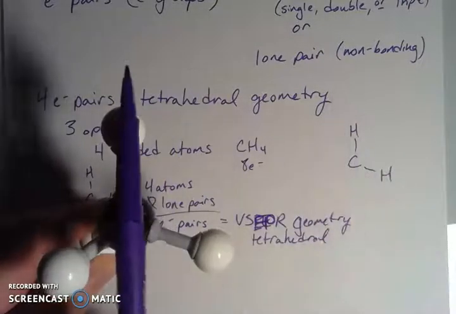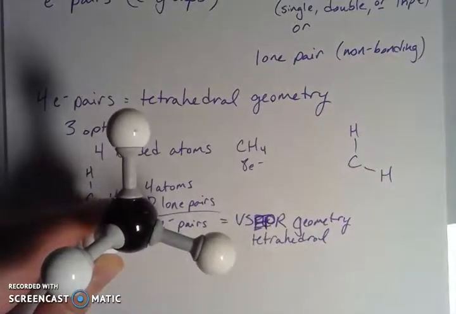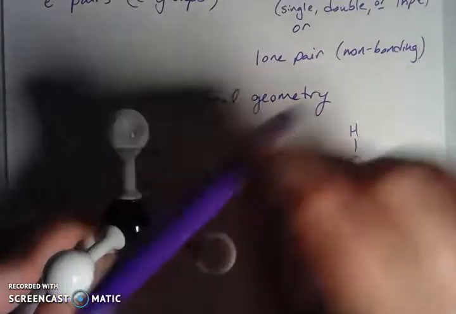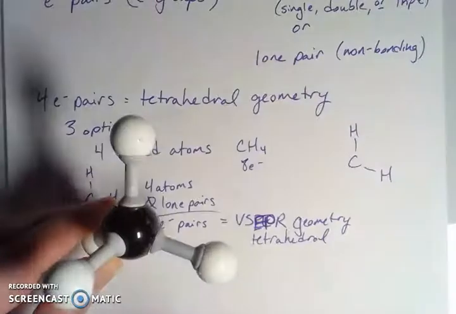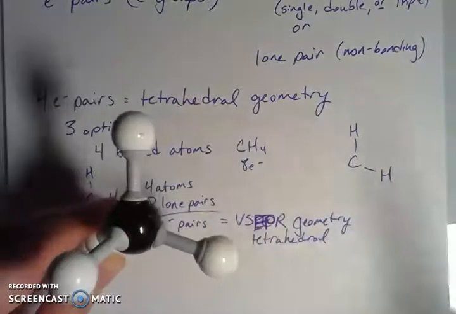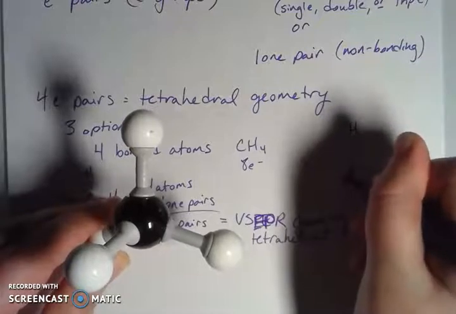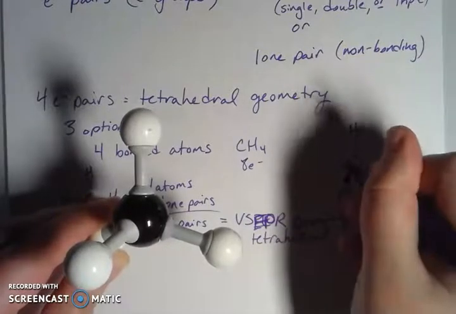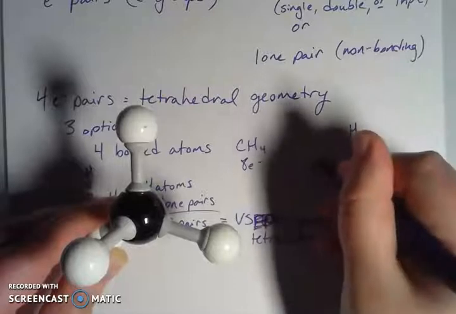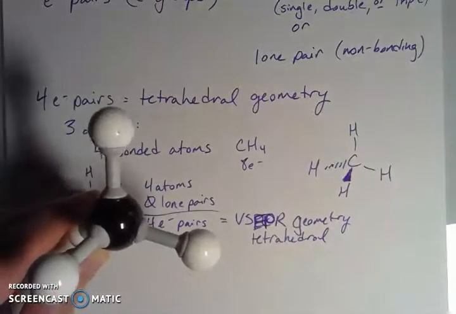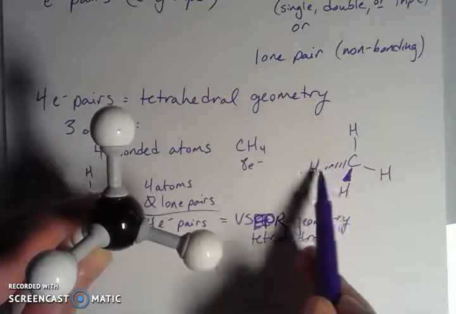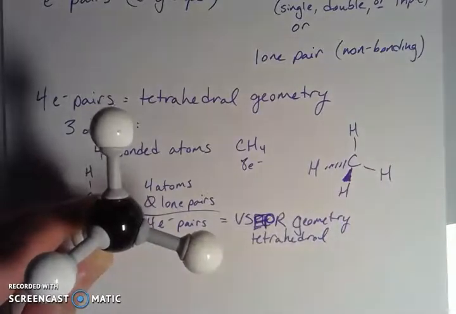That's what I've represented here. And if I'm looking at my molecule, then this one's coming out at you, and the other one is going back into the page. So we're going to represent this one coming out at you with this blocky triangle, and this one going back into the surface that I'm drawing on with this triangle that's getting smaller with hash marks.